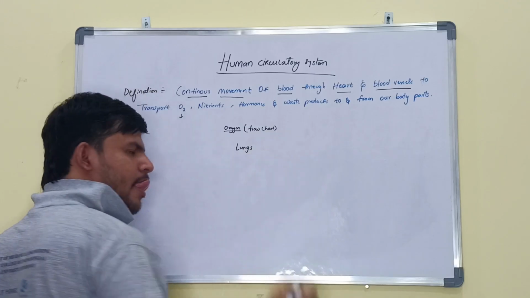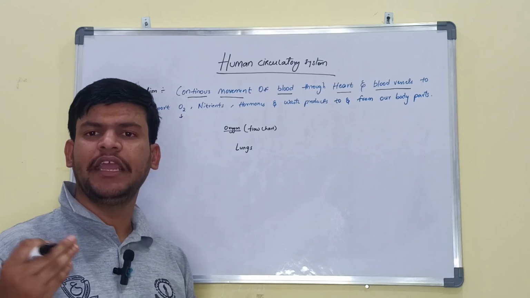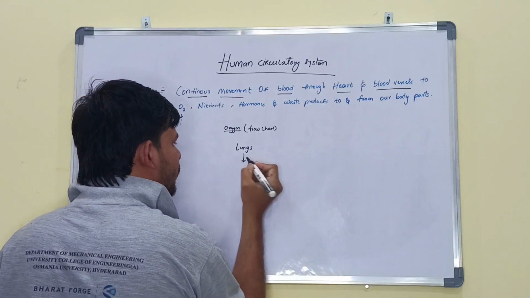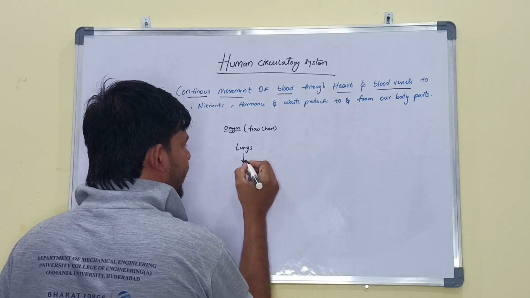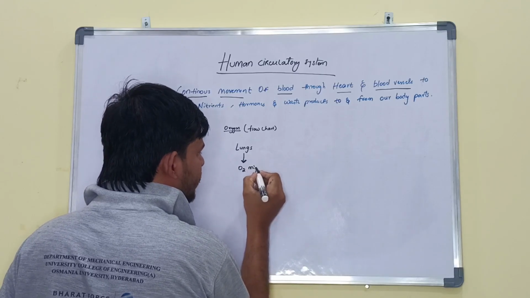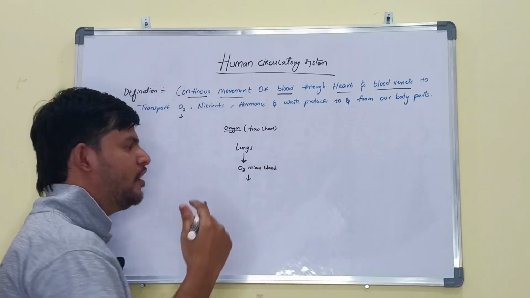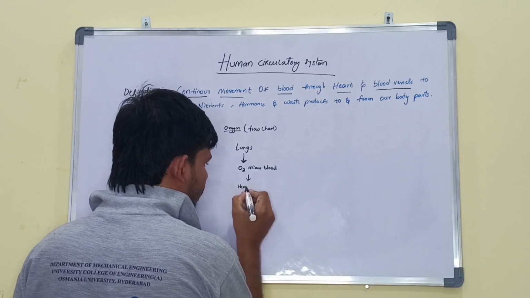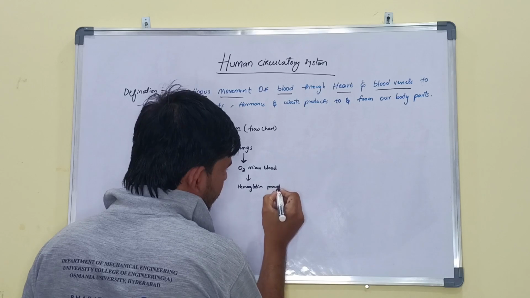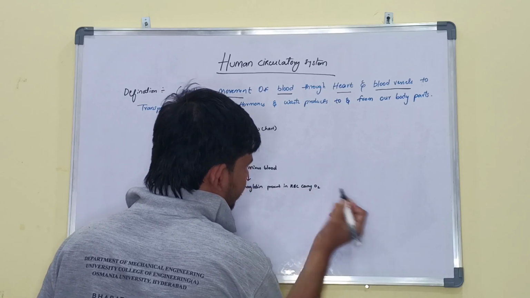We all know that with the help of lungs we will inhale the oxygen and exhale carbon dioxide. When we inhale oxygen, it will mix with blood. This blood will be mixed with hemoglobin present in RBC, which carries oxygen.